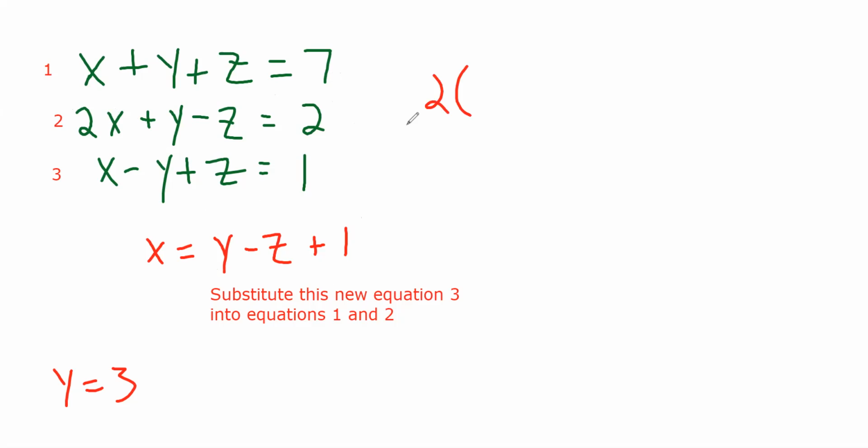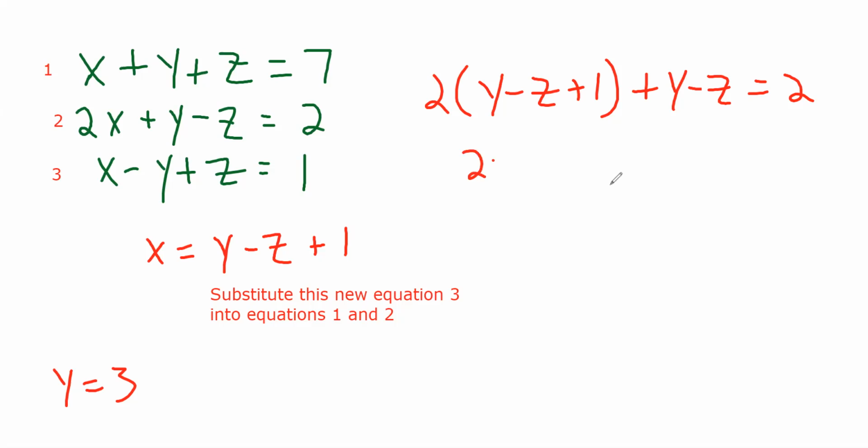I'm going to end up with 2 times y minus z plus 1. So 2 times the x thing plus y minus z equals 2. Now I'm going to distribute the 2. I'll have 2y minus 2z plus 2 plus y minus z equals 2.